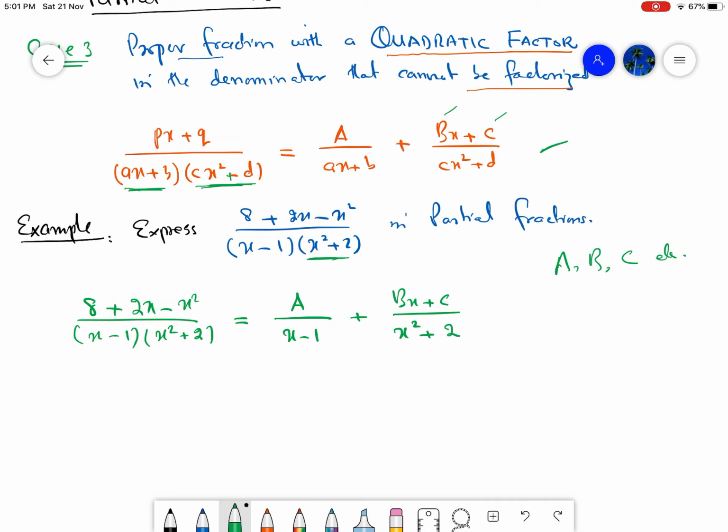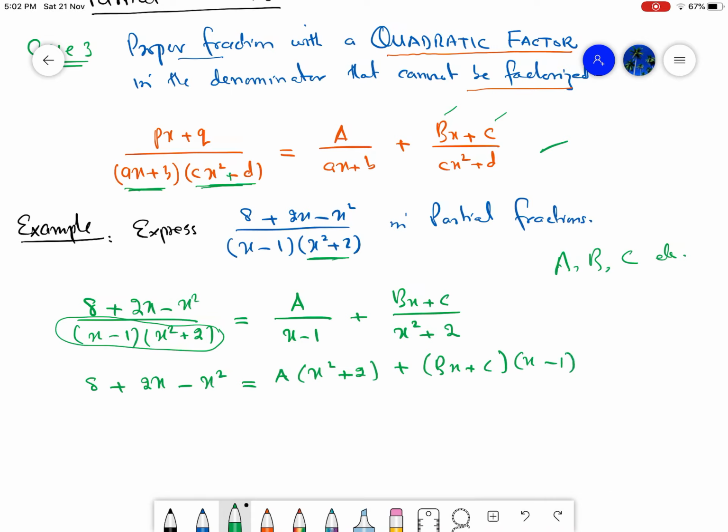Now if you multiply each and every term by this denominator, here we'll get 8 + 2x - x², and here we'll get A(x² + 2) plus (Bx + C)(x - 1).